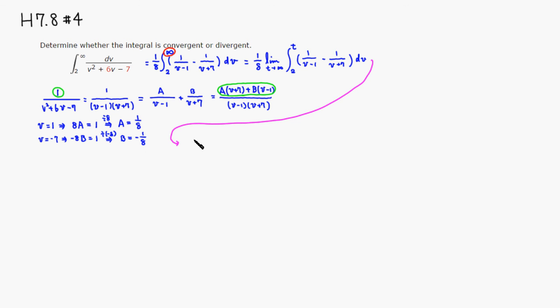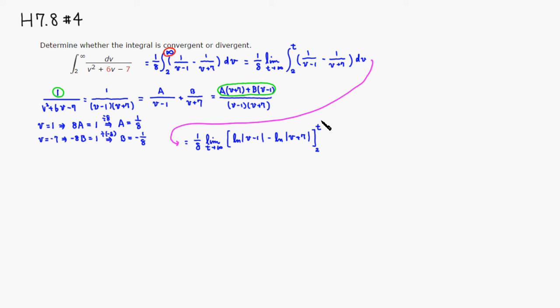This is going to be equal to 1 over 8 times the limit as t approaches infinity. We can take the antiderivative of 1 over v minus 1, so that's natural log of absolute value of v minus 1, minus natural log of absolute value of v plus 7, going from 2 to t.